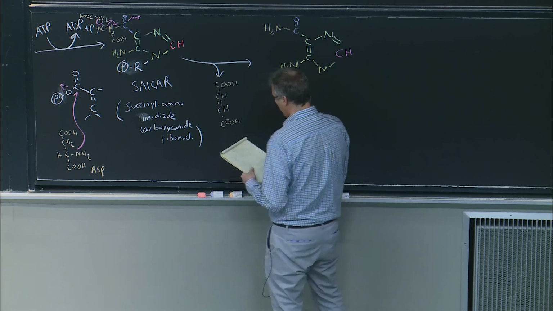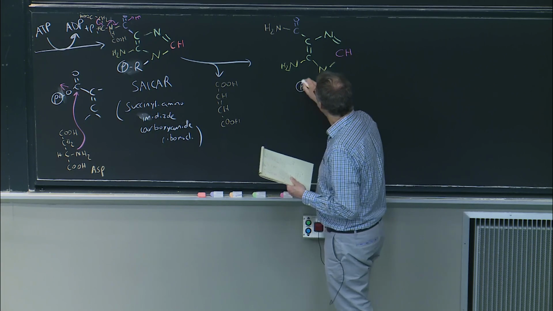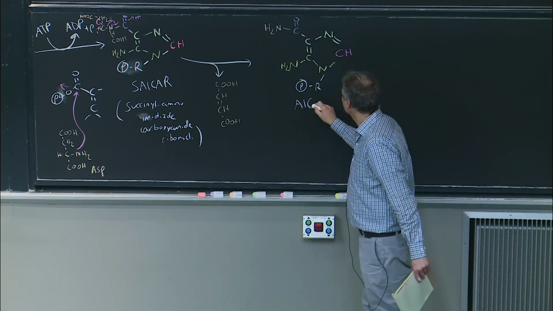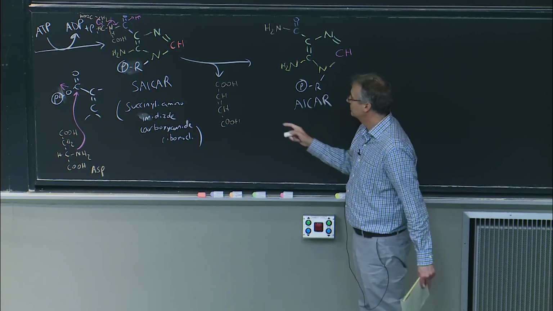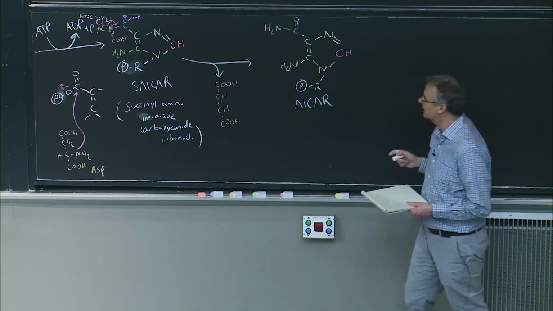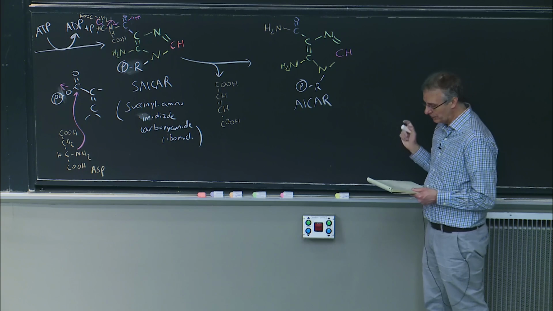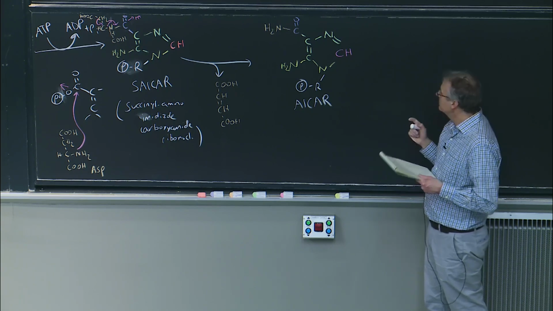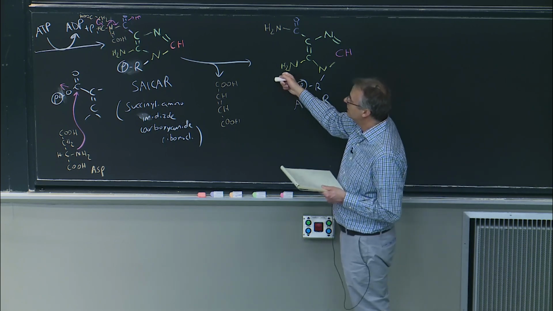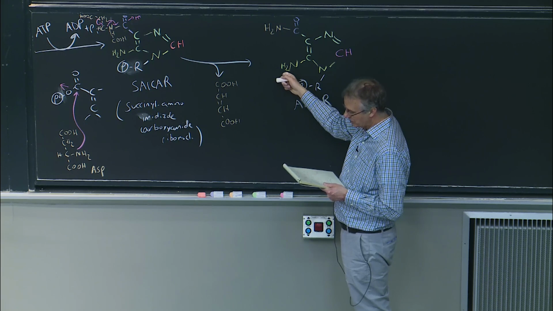And you get this intermediate, which is referred to as AICAR, so amino imidazole carboxamide ribonucleotide, minus the succinate group, AICAR.